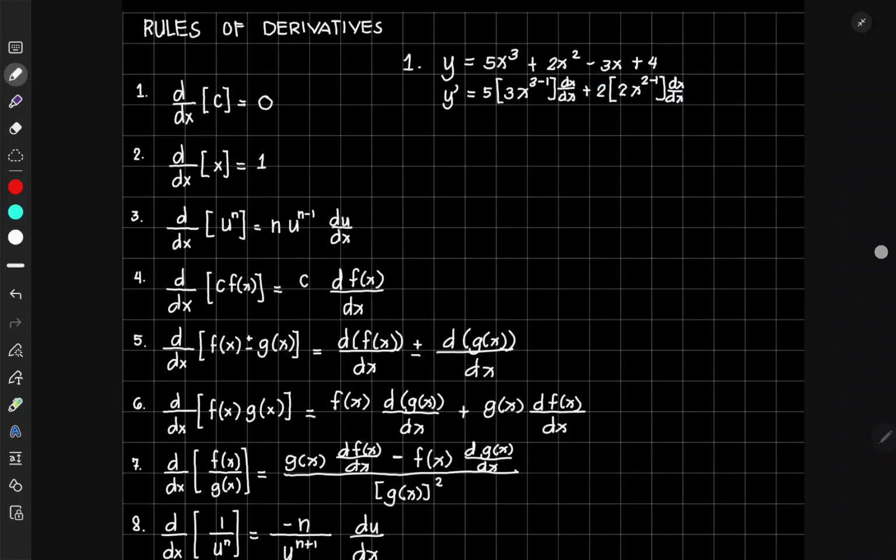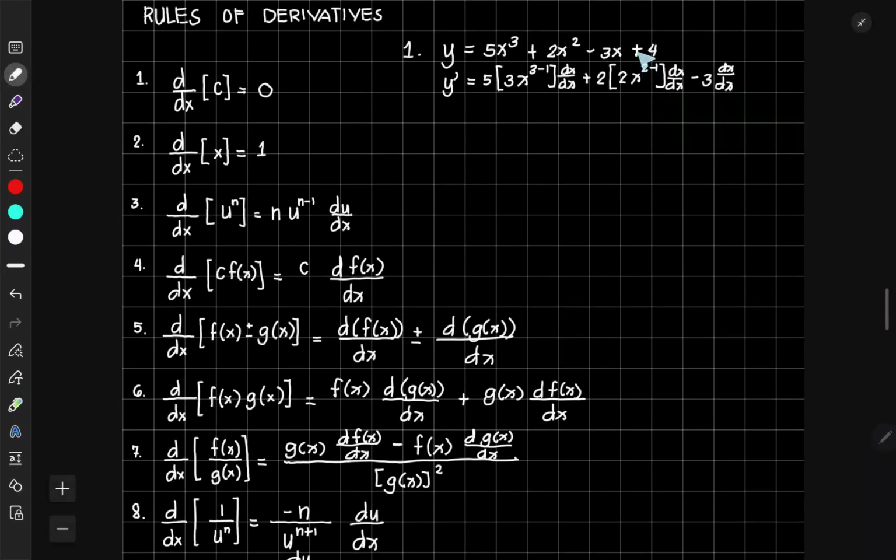So, minus 3. The derivative of x from our rule number 2, that is 1. Or let's just write dx over dx. Then, plus the derivative of a constant, which is yung 4 dito, that is equal to 0. So, yung constant rule natin, number 1.